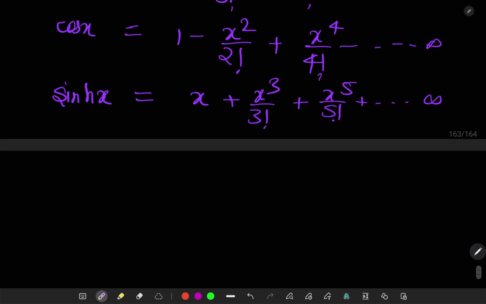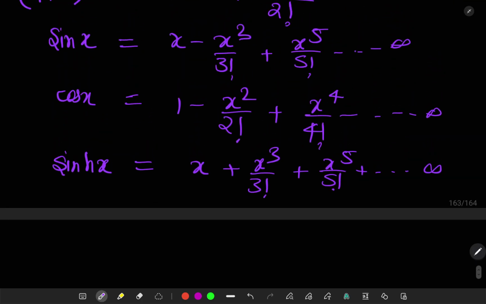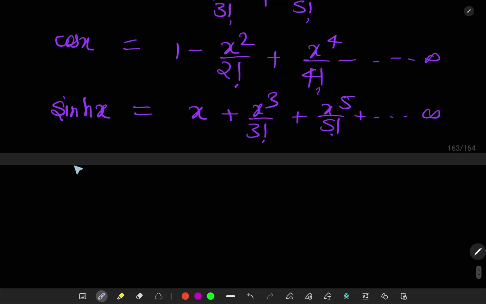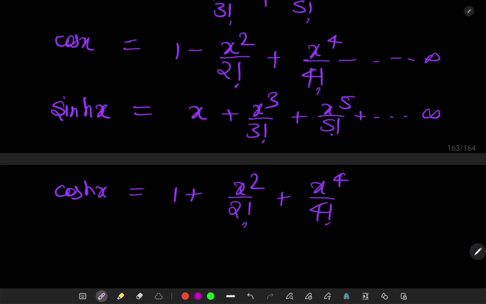Here there is no negative term as compared to sin x series. And for cos hyperbolic x, we can write here this. Similarly for cos hyperbolic, there is no negative term.